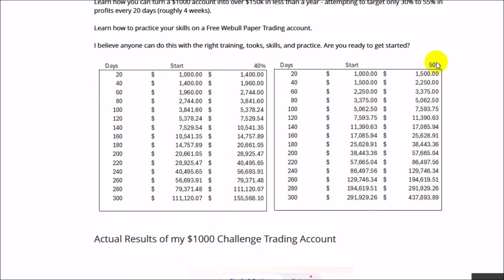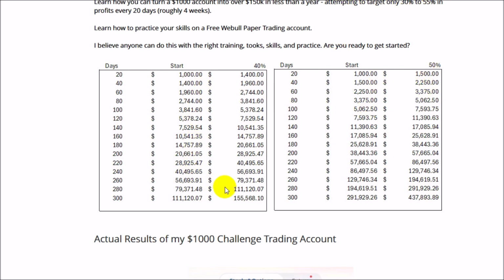If you can do 50% return on investment every 20 days, remember that's 3 weeks, that's basically 10%, 15% a week, you can turn a $1,000 account into $430,000 in a year. Okay? It's doable as long as you learn to trade effectively and take the best trades. Now, this is, again, average.